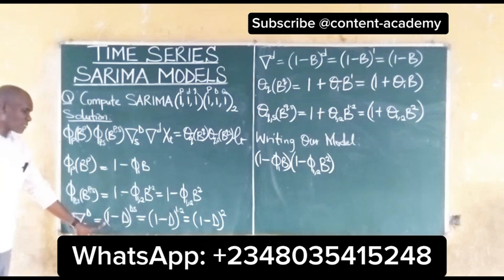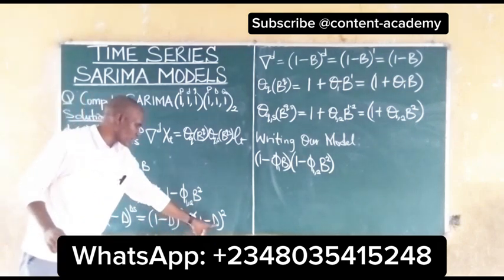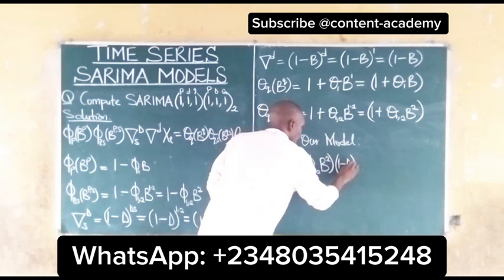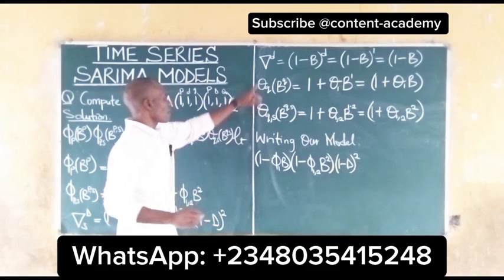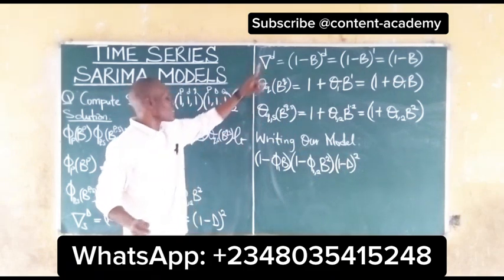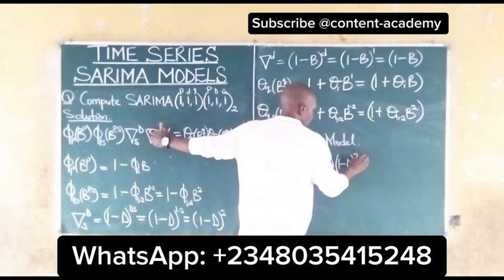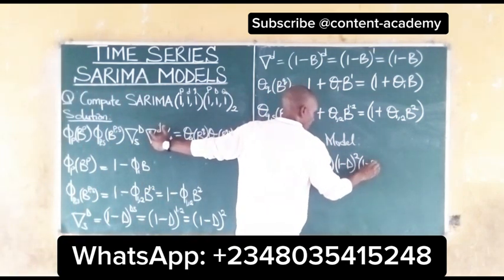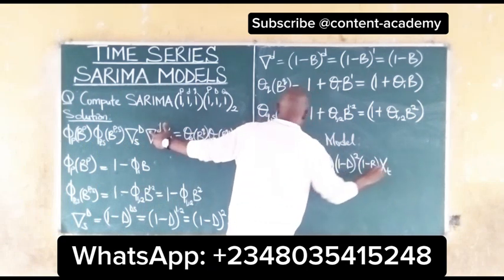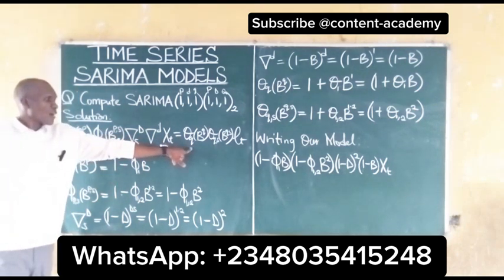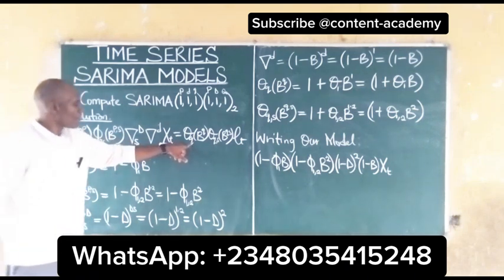Now, we also have our differencing, the seasonal part. We have it as 1 minus B squared. We also have our differencing part, non-seasonal, which is just 1 minus B. Then we put our X_t. Now we move over to our moving average part.